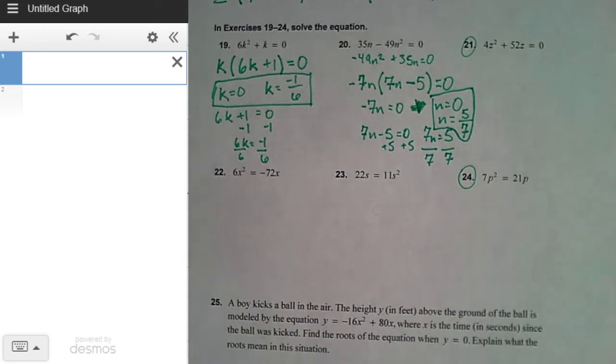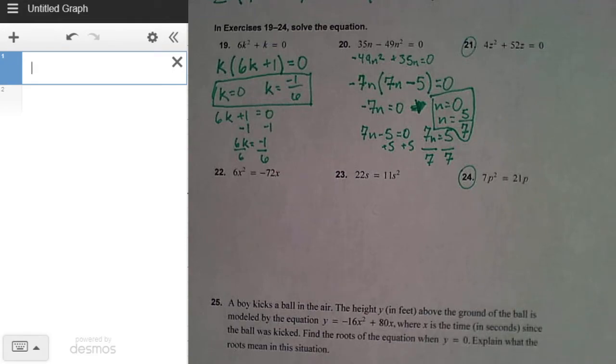Now, some of you are still not comfortable getting fractions as answers. Don't stress when you're getting fractions as answers. Let's say you got that and you're wondering, is that fully reduced or not? That's something you may struggle with.